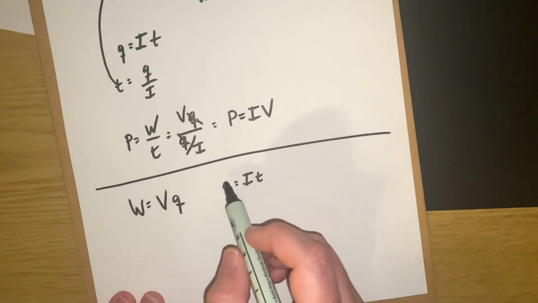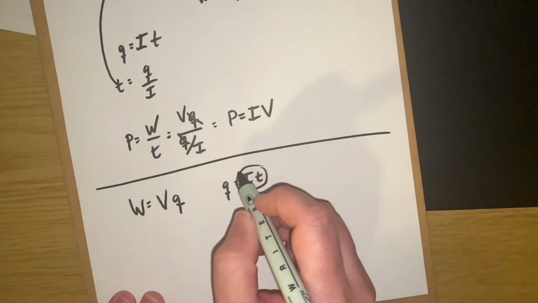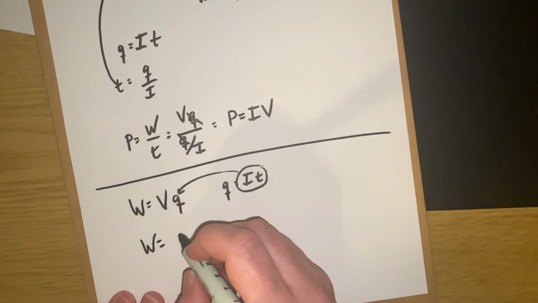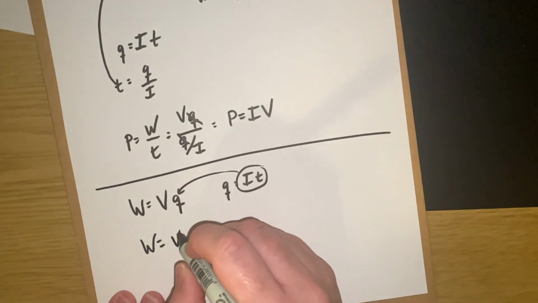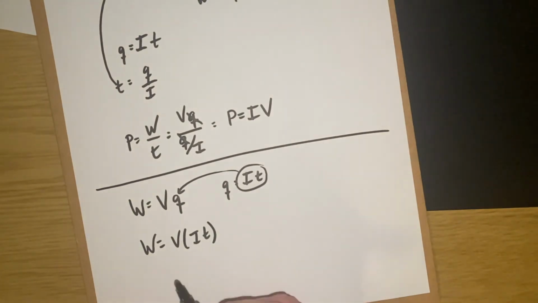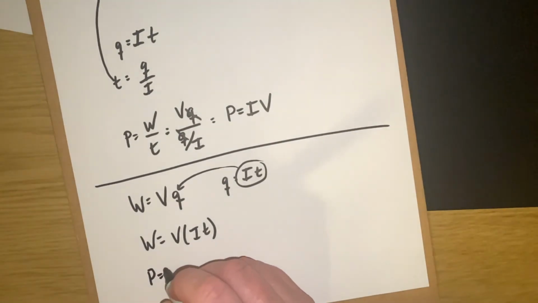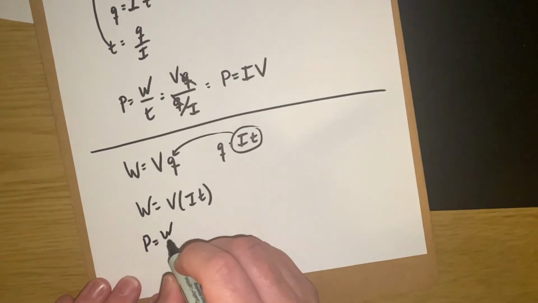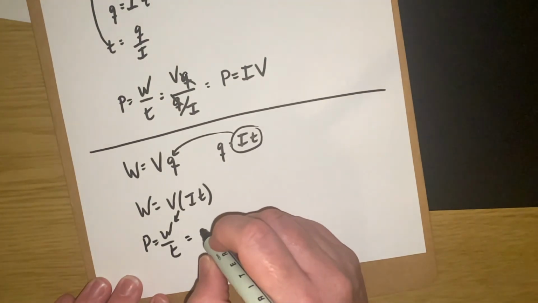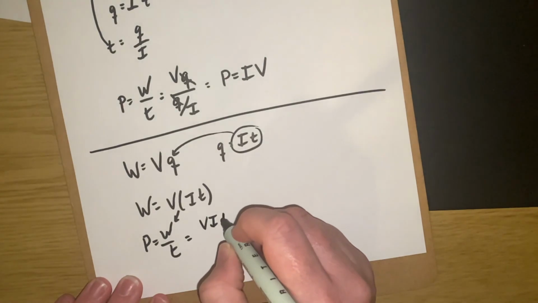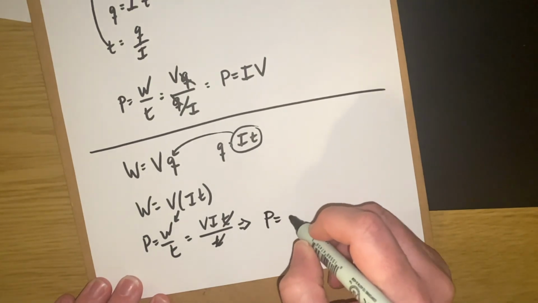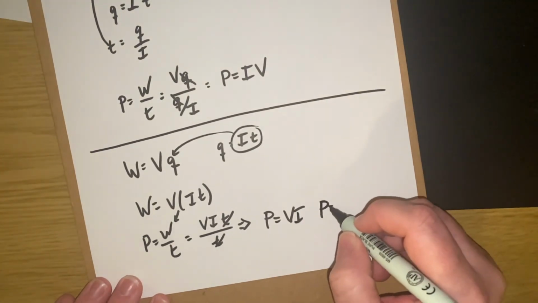If we plug this in for the Q, we have that our work is equal to our voltage times I times T. And if we go back and say power equals work over time, and put this in for our work, we have V times I times T over T. The times cancel out, and we're left with P equals V times I, or P equals IV.